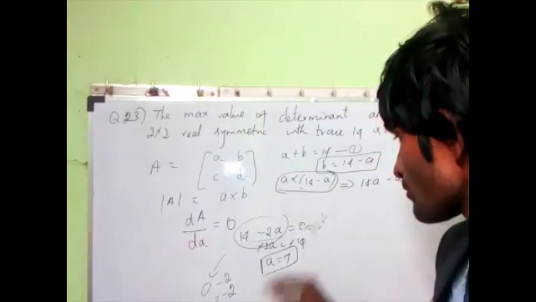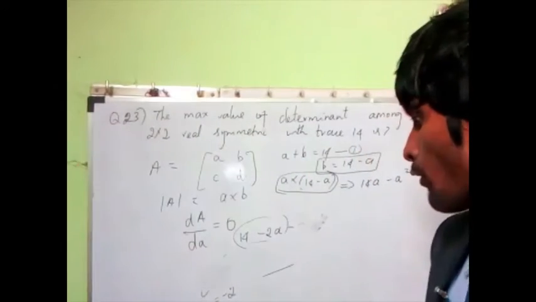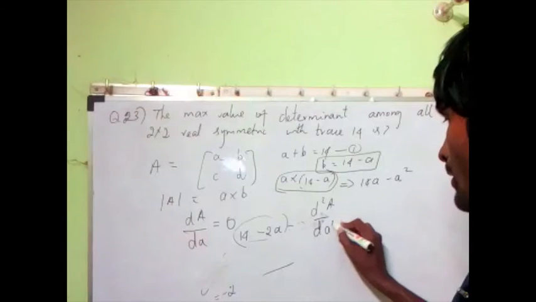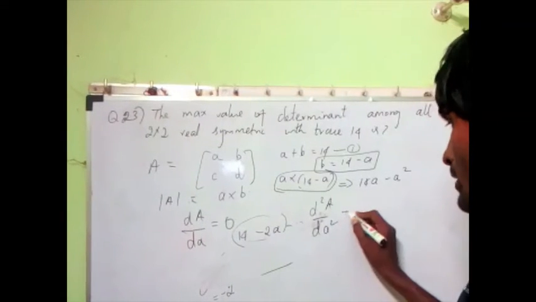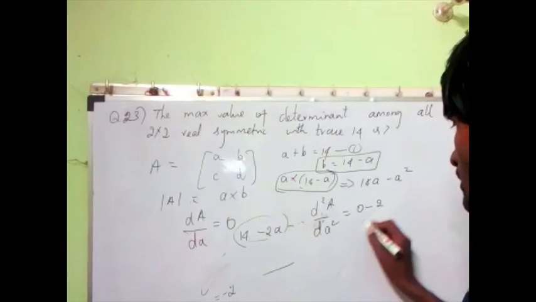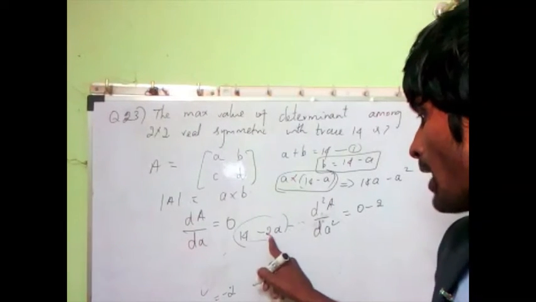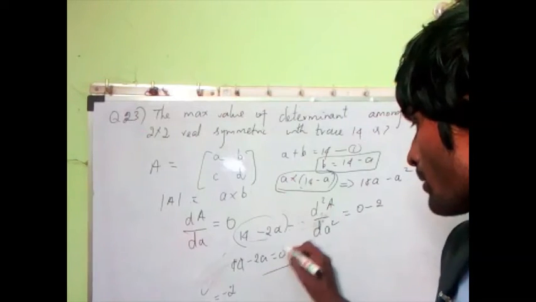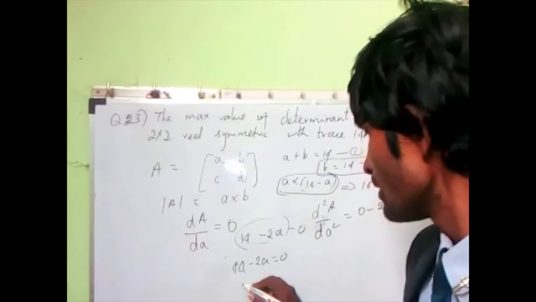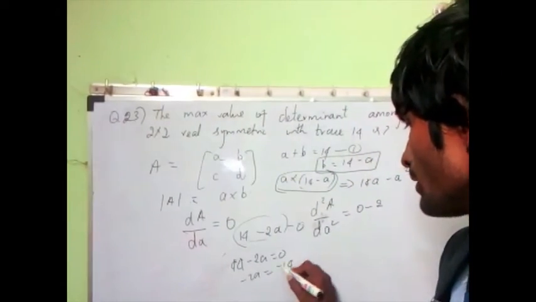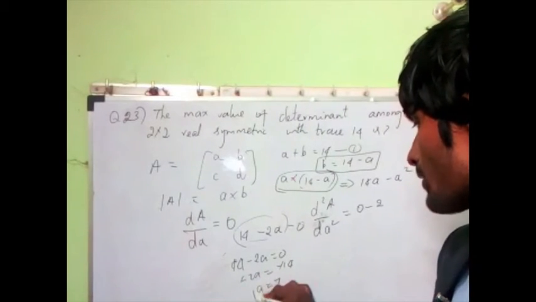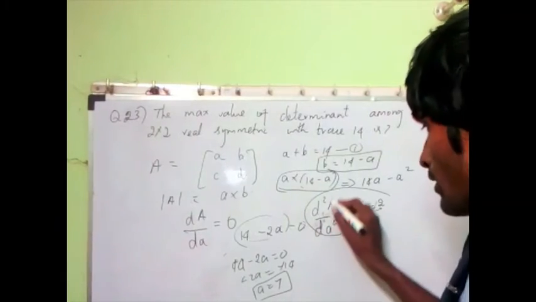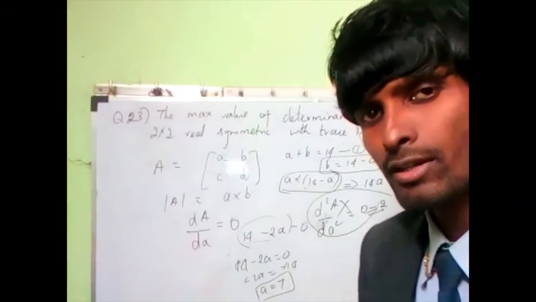Let me write it clearly: d square by dA square is 0 minus 2, so the second derivative is minus 2, which confirms it is a maximum.